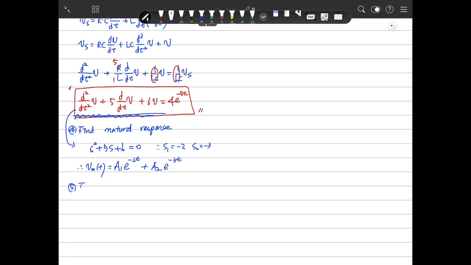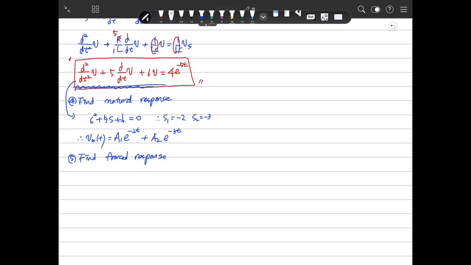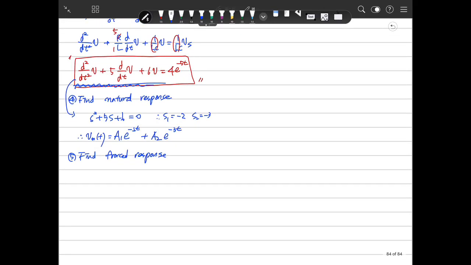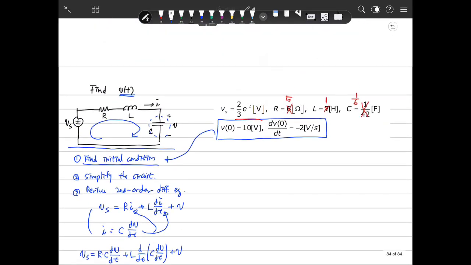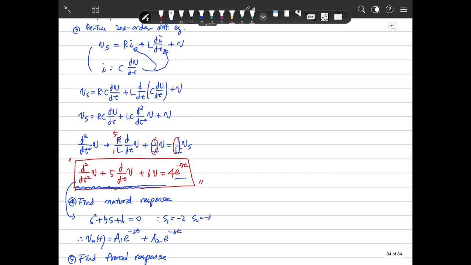Then, find the forced response. And why the forced response? Because the source is a form of exponential, we can take V(t) as b exponential. Oh, I'm sorry, this is not 5t, it's just t.